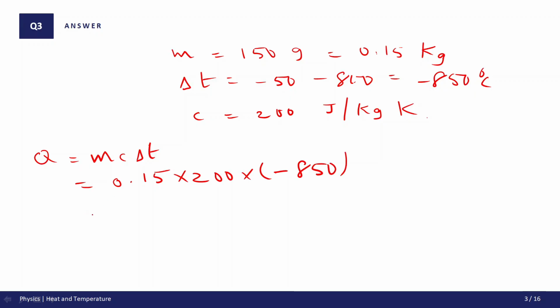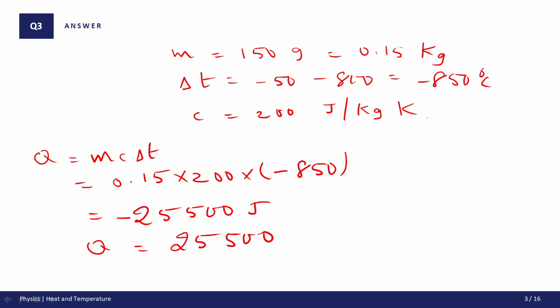Now multiply: 0.15 into 200 into 850. So answer is 25,500 joule, minus. This is energy released. So energy is releasing here, 25,500 joule.